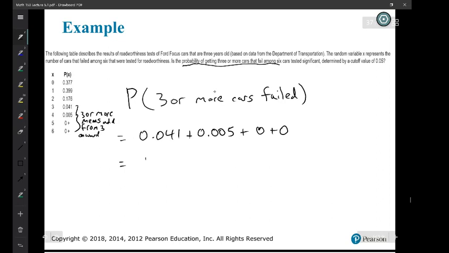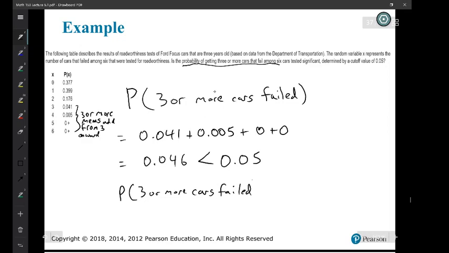So then we get 0.046, which is less than or equal to the cutoff of 0.05. Well, it's less than. Okay. So the probability of 3 or more cars failed is less than 0.05.